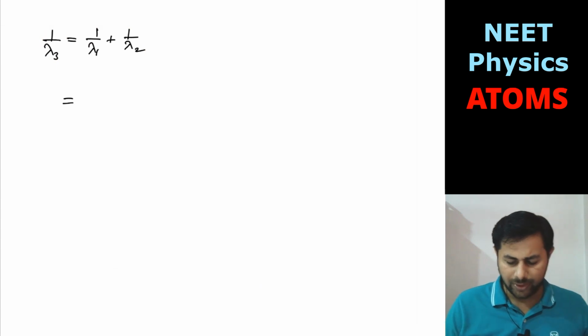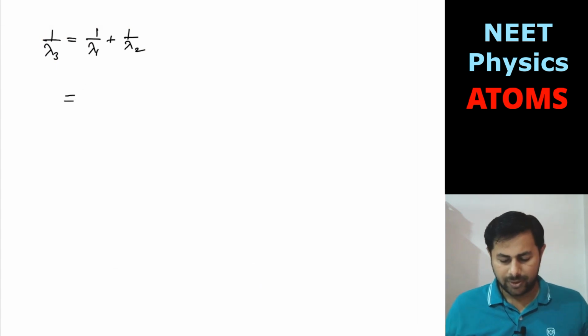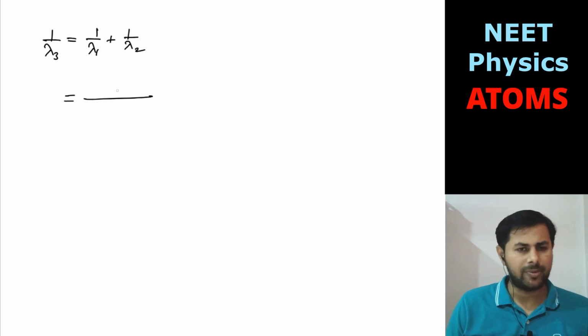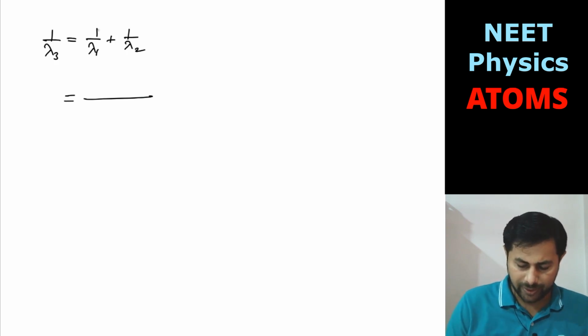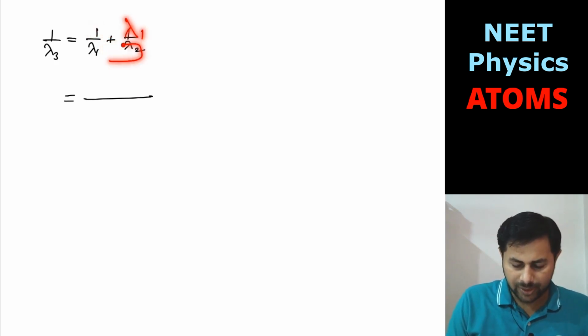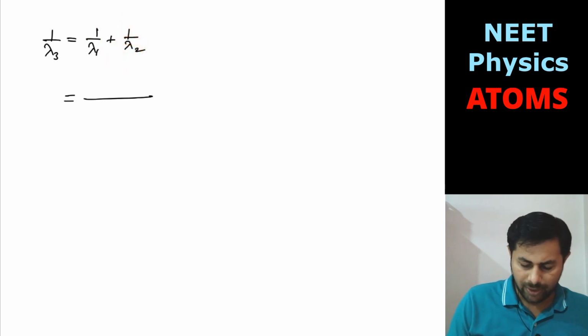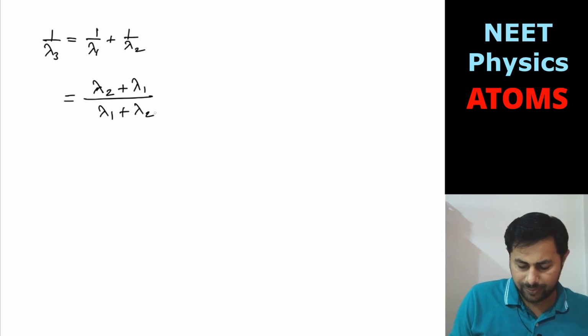Just do cross multiplication. So this would be equal to lambda 2 divided by lambda 1 lambda 2, and lambda 1 divided by lambda 1 lambda 2. So this is lambda 2 plus lambda 1 divided by lambda 1 lambda 2.